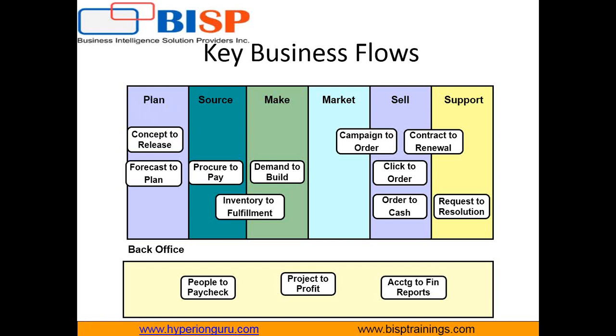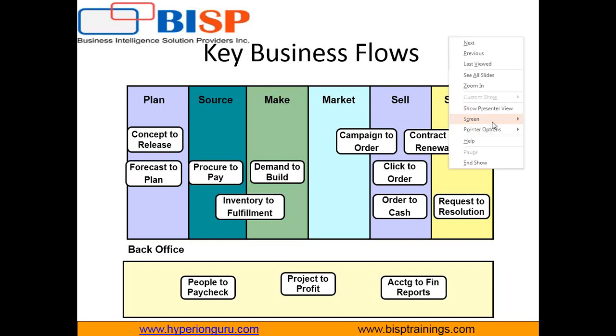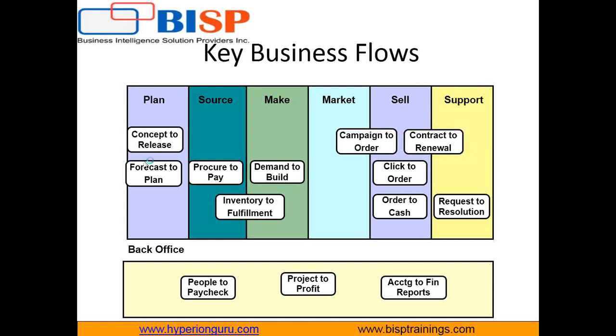Based on the plan, you need resources, you need a source, like the raw materials, the people, the employees, everything. So then comes the procure to pay cycle. Once you have the concept of the planning, you will have the forecast, like how many products I should have, how many days it will take, and when you are supposed to finish the goods.